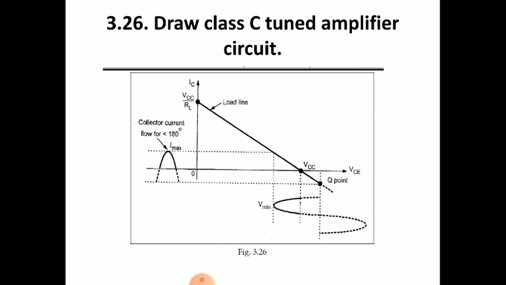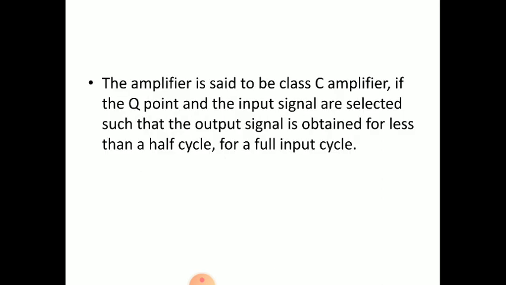Some portion of the remaining half cycle is also removed, so we get a pure train of pulses.